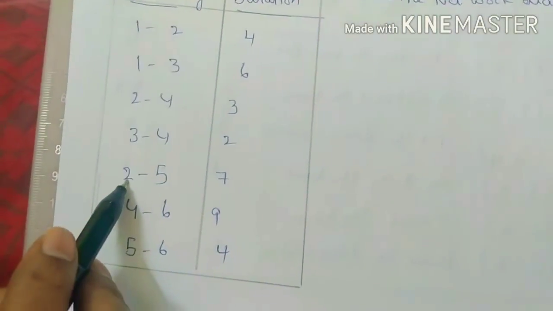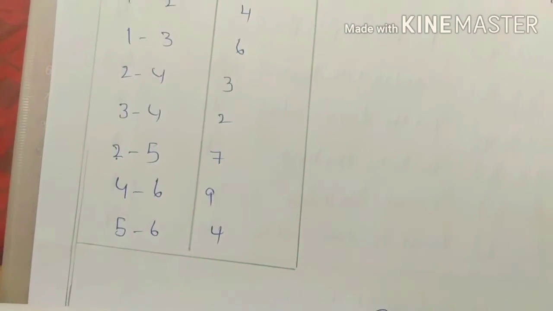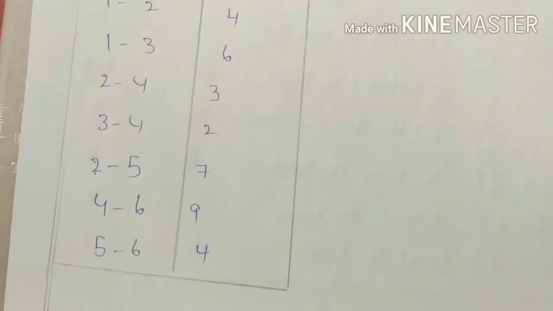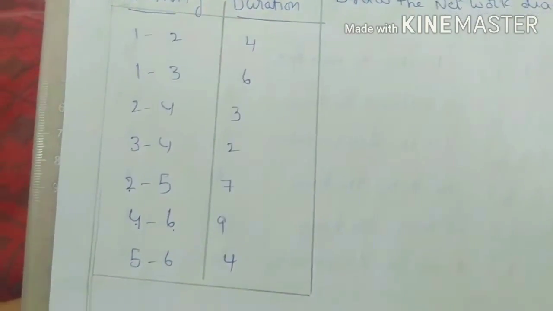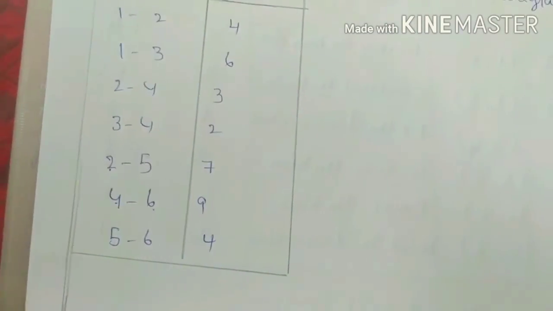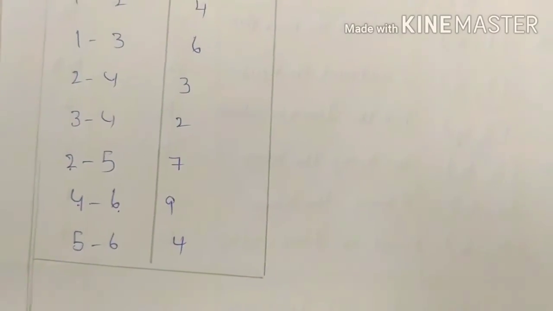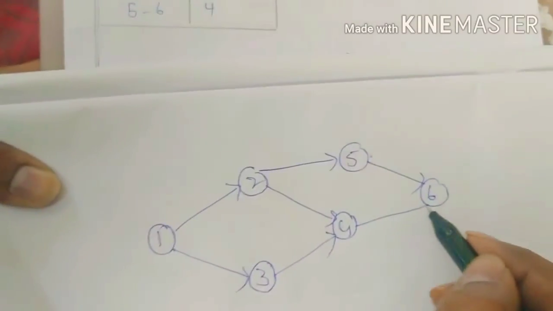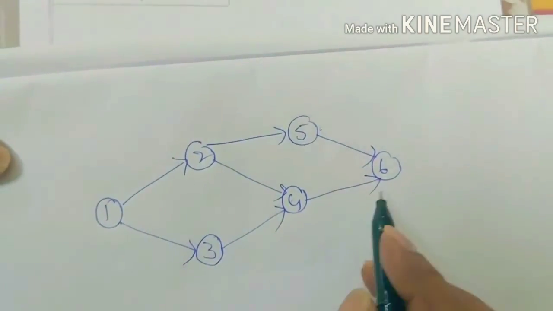Next here 2 to 5 should be there. This is the 2 to 5 activity. Next 4 to 6, 5 to 6. This 5 should end with 6 and 4 also should end with 6. That's why look here, 5 to 6, 4 to 6. Likewise things need to be drawn.